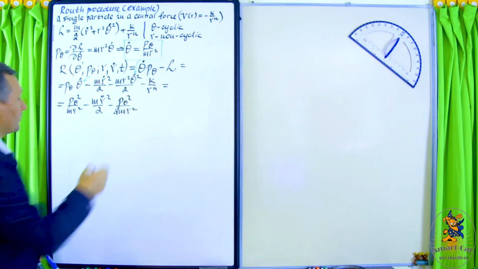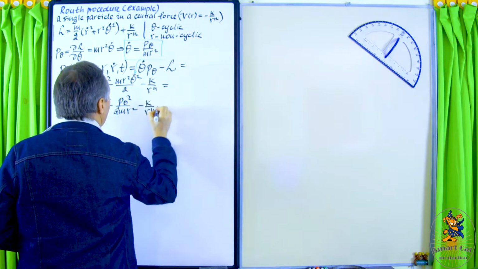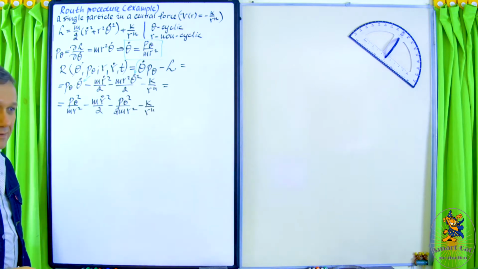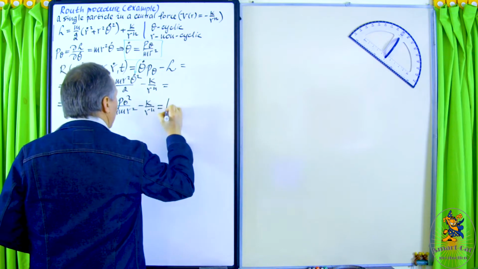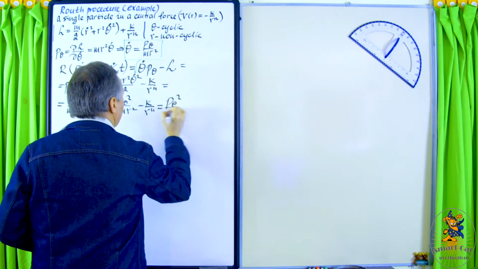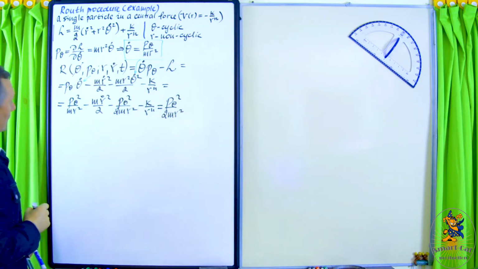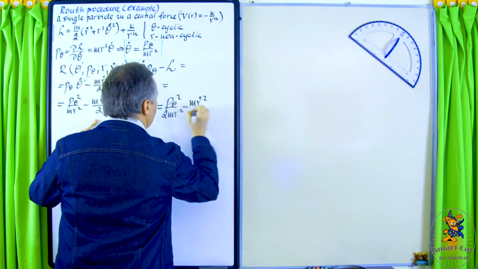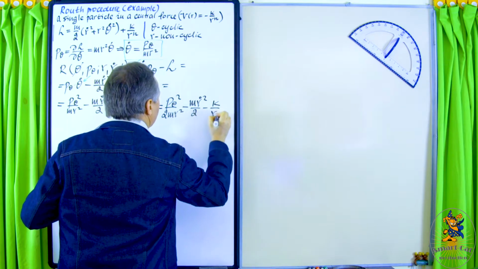And the potential energy, k r to the power of n. So this and this partially cancel each other. We get p theta squared over 2 m r squared, minus kinetic energy, and minus potential energy.